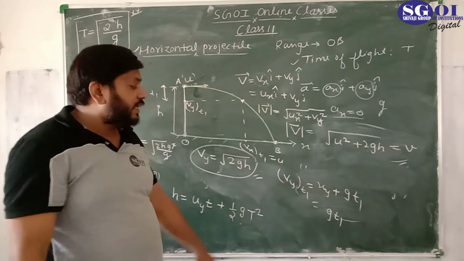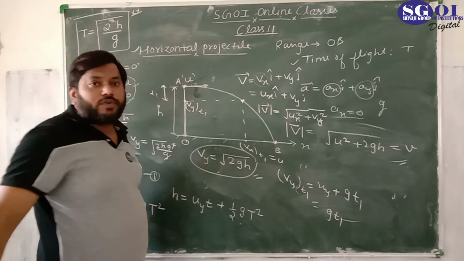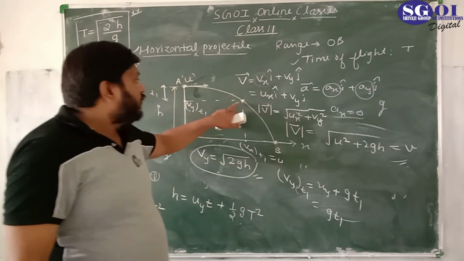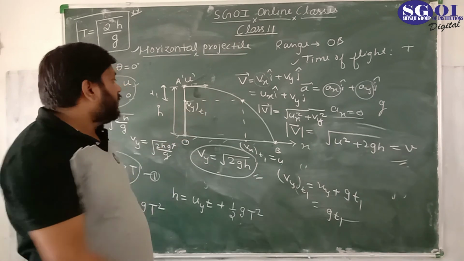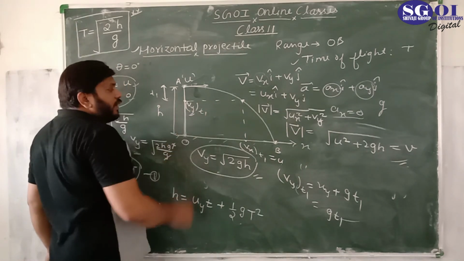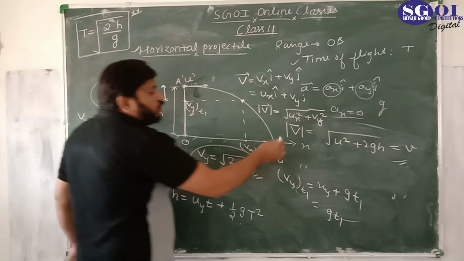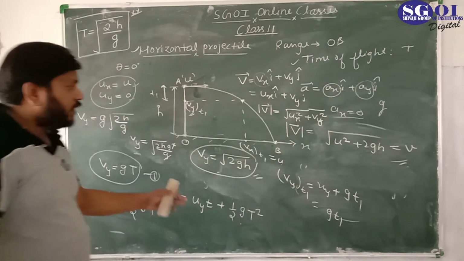So if you are given the time after which you want to find the velocity, you would be able to find vy at t1, the y component of the final velocity at this point. It is already known u, so finally you could take the root and solve for the particular value.